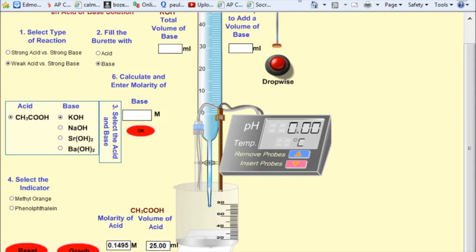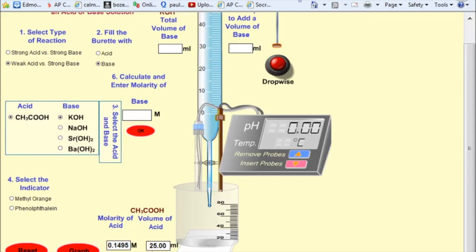Now, I need for you again to write down the molarity and the volume of the weak acid from the beaker. The molarity is 0.1495 molar of your acetic acid. The volume is 25 ml.